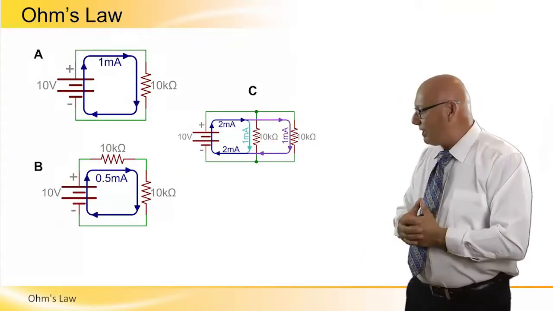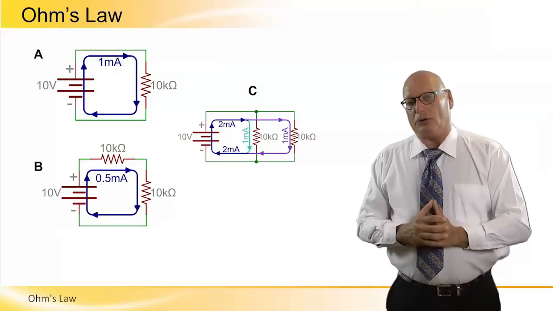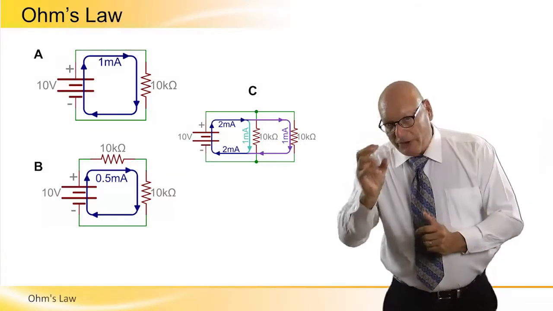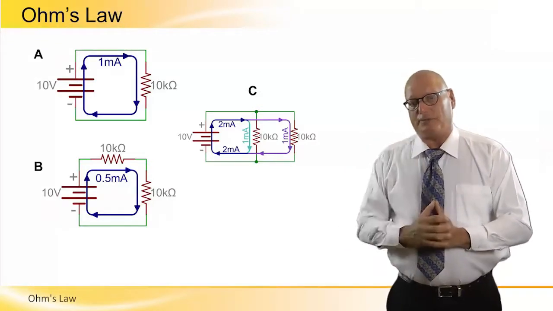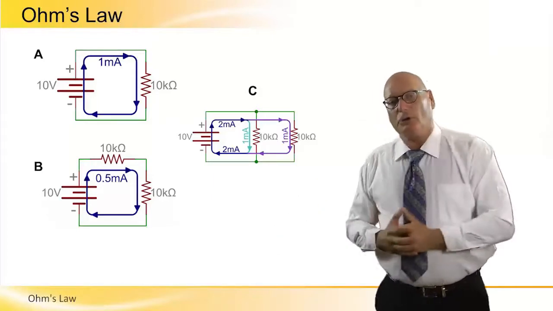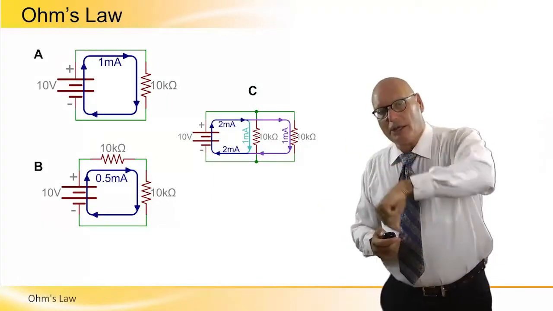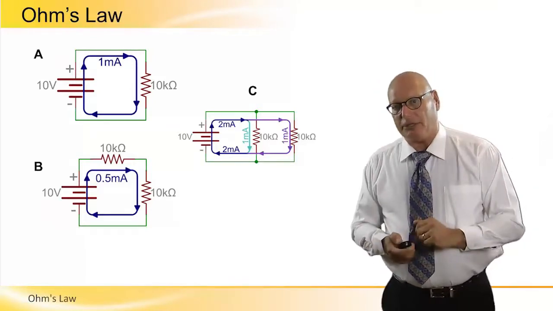Example C, we have 2 resistors in parallel. Each of them is 10 kilo ohm. That means the equivalent resistance is 5 kilo ohm. So we do 10 volts divided by 5,000 ohms, and we get 2 milliamps coming out and coming back to the battery.